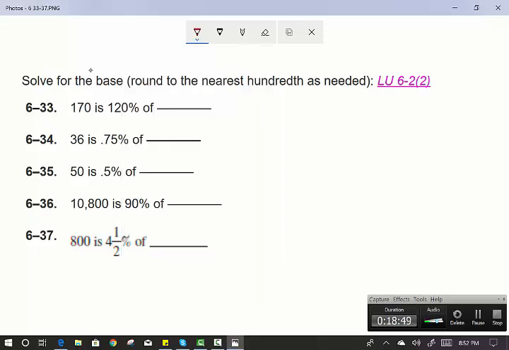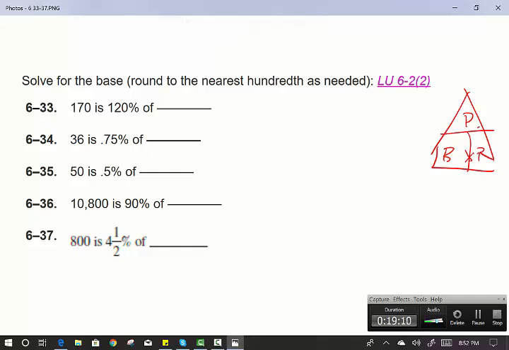Okay, so with our symbol, part is in the top, the base is in the bottom, and the rate is in the right. Again, if you're solving for the part, that's equal to base times rate. If you're solving for the base, it's part divided by rate. If you're solving for the rate, it's part divided by base.